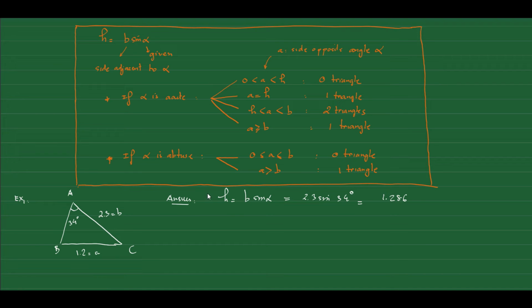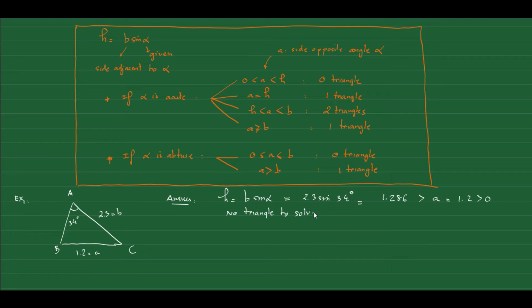So the h value over here is greater than a, because a is 1.2. So this is greater than a, 1.2, right? It looks like it's in the first case, when alpha is acute, 34 degrees. So this is 0 triangle. It means that we don't have any triangle to solve.